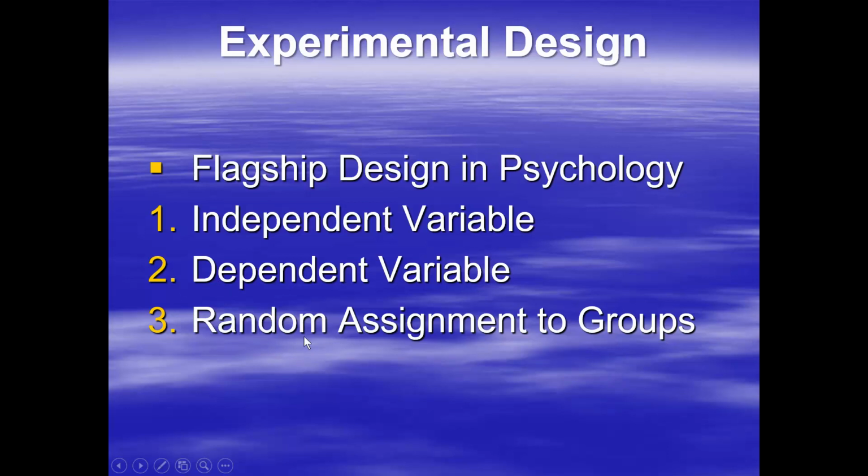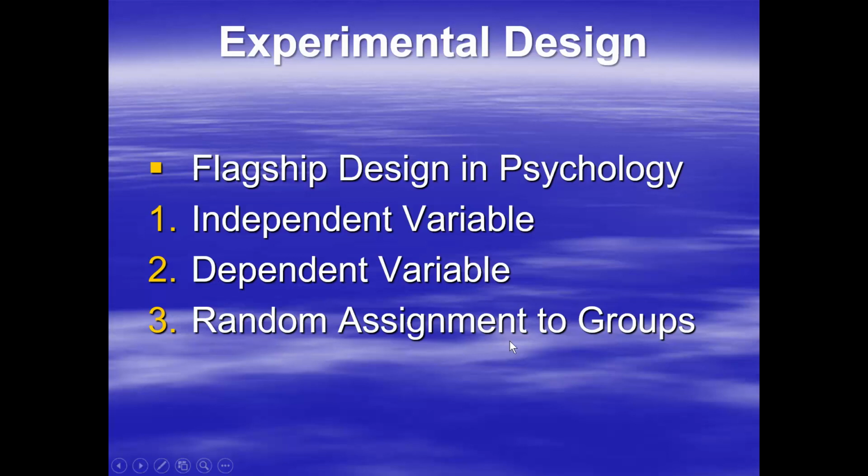I'm going to use probability to decide the formation of my groups. The reason we do that is to prevent bias. If I was picking and choosing my own subjects to go in my own groups, that would represent bias because it may be unfair.